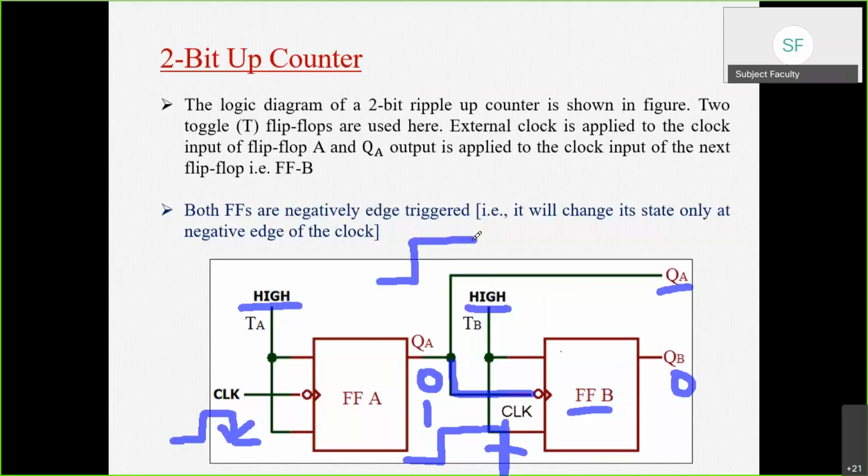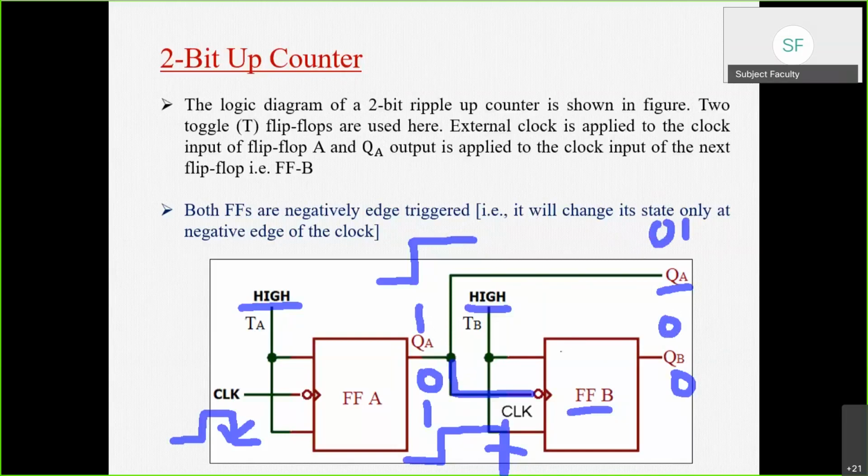When it again becomes 0, then there will be a negative edge. So the new value of QA will be 1, but QB will remain at 0 only. So our count QB, QA will be 0, 1.